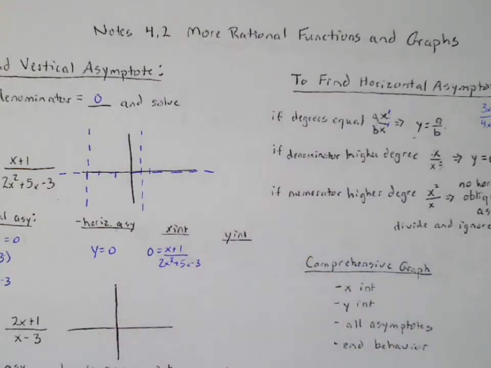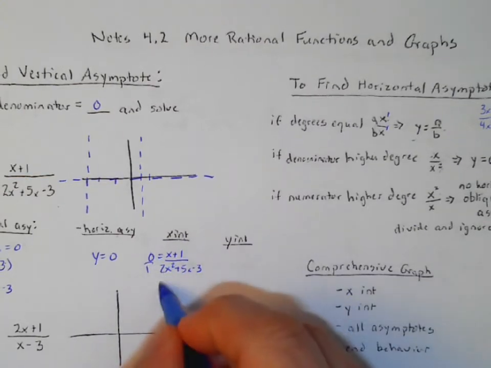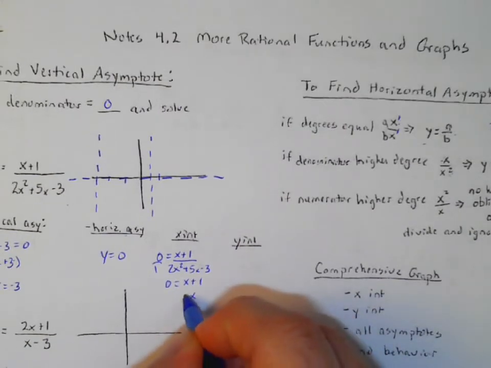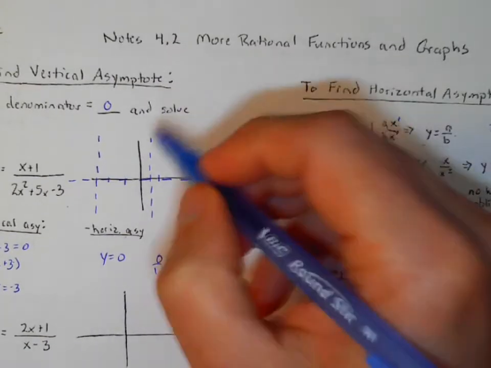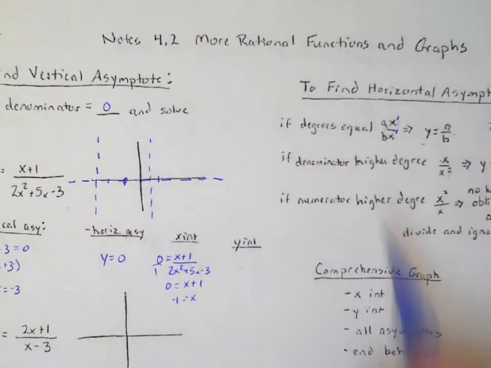If I solve this equation, 0 is the same as 0 over 1. So if I cross multiply, 0 times this is 0, and that times that is x plus 1. If I solve that, I get x equals negative 1. So I know it's going to have an x-intercept right here at negative 1. It's going to cross through here.